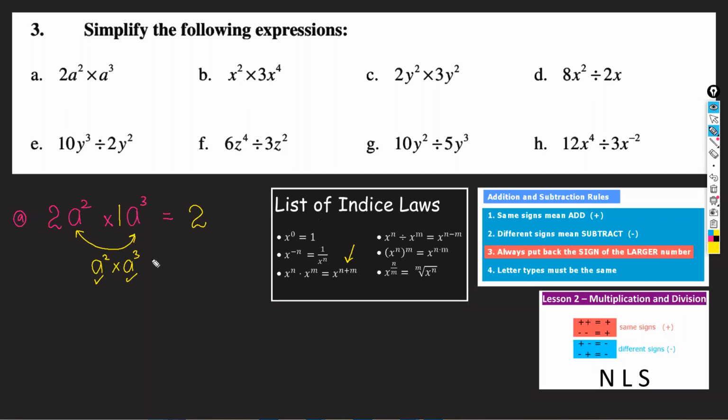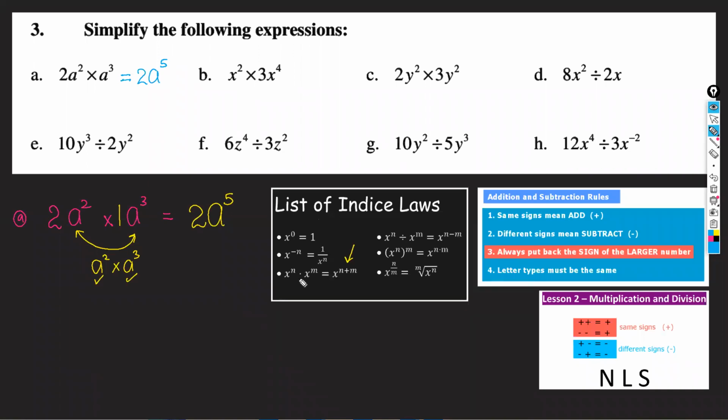That's wrong. You add the powers. I'll put back the a once, and what am I putting here? 5, right? Because 2 plus 3 is 5. So that's the answer for the first one: 2a to the power 5. And this 5 only belongs to the a. It doesn't belong to anybody else.